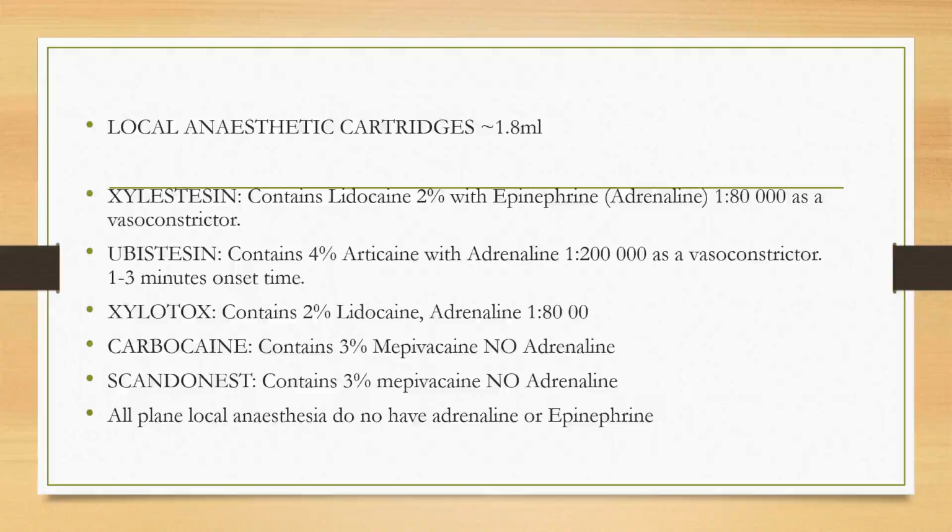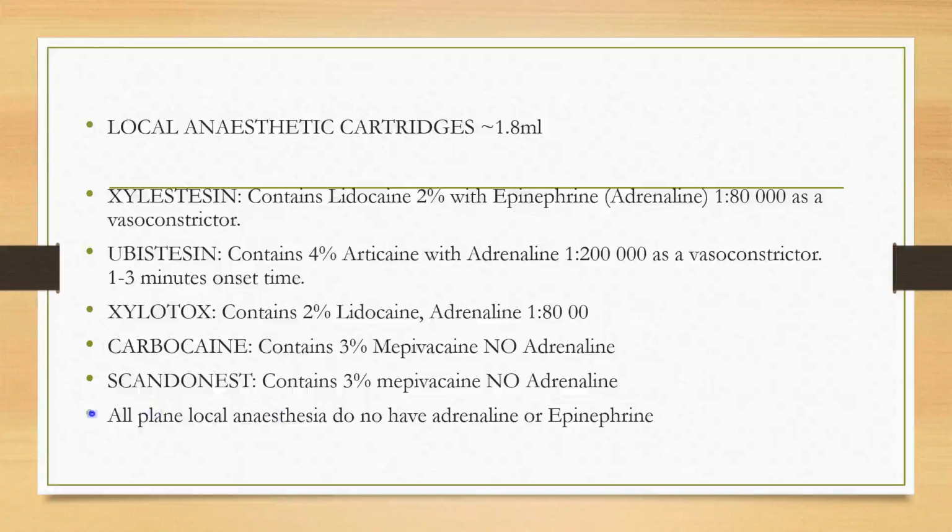So the different local anesthetic solutions that we have usually come in a small bottle, mostly 1.8 milliliters to 2 milliliters. So we have different types according to the brand names that I've mentioned here. There is xylestesin, there's also obestesin, xylotox, carbocaine, scandonest.